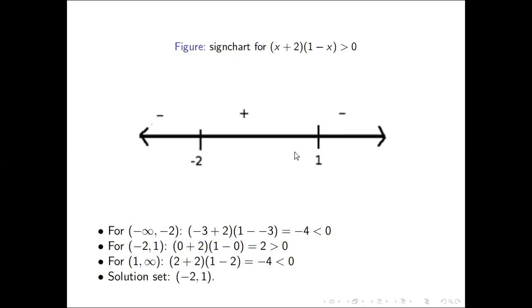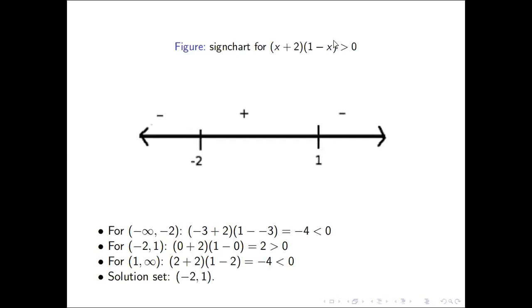So we are to solve the inequality now. So what does the inequality require? It requires that the function whose sign chart is this be greater than 0, strictly greater than 0. So that means the critical numbers, negative 2 and 1, are not part of the solution. So it will be an open interval. So our solution set is the middle interval here, because there we have a positive sign.